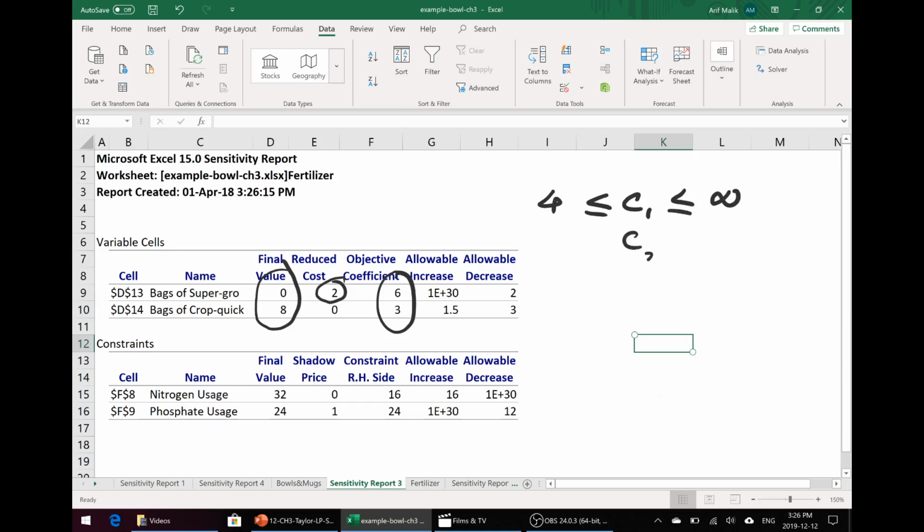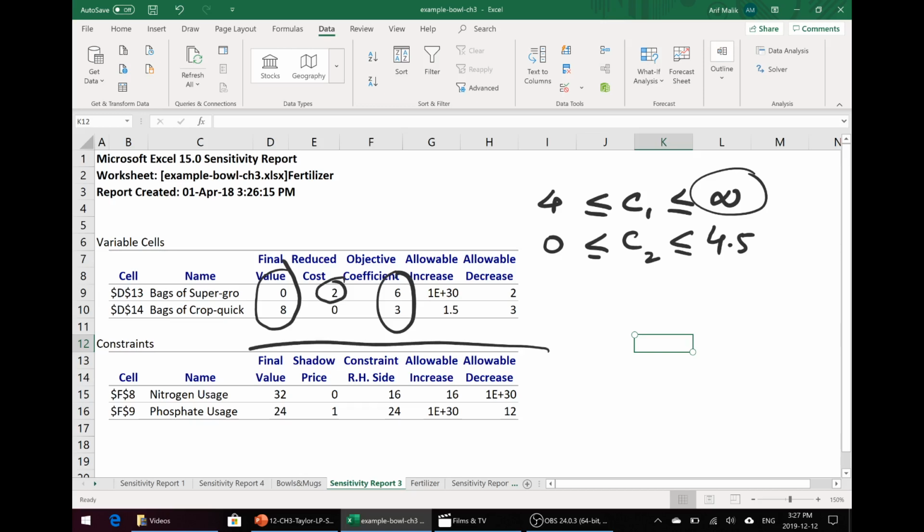And for C2 the upper is 4.5, and 3 minus 3 is equal to 0. All right. Now you can see that the first one is making sense because the cost is already high and this is not in the solution mix. So if we keep increasing the cost up to infinity, the solution mix is not going to change.